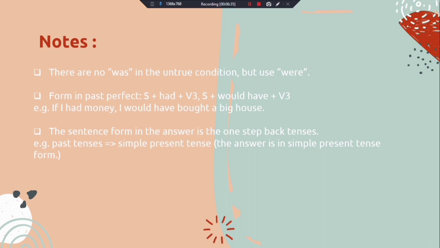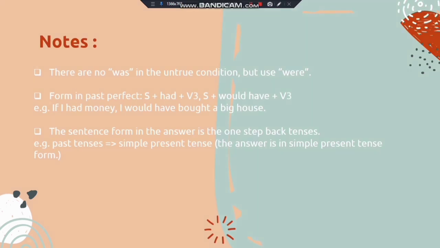And in answer condition, there is a form in past perfect that you can read yourself. And then this is the important part. The sentence form in the answer is one step back in tenses. For example, if the statement is using past tense, you should choose the answer that has simple present tense.